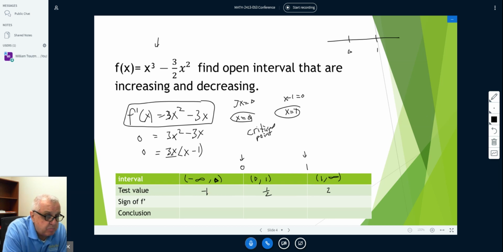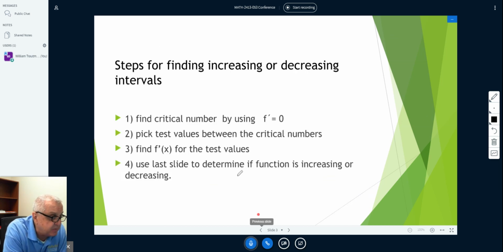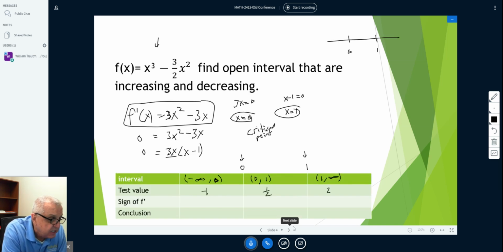Step 3 says plug the test values in. Step 3 says find the first derivative for the test values. So first I'm going to plug this test value, negative 1, into this function. Three times x. So if I plug negative 1, my test value, in here, negative 1 squared is 1 times 3 is 3.